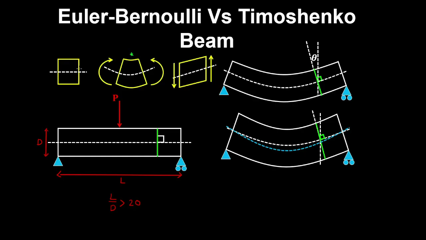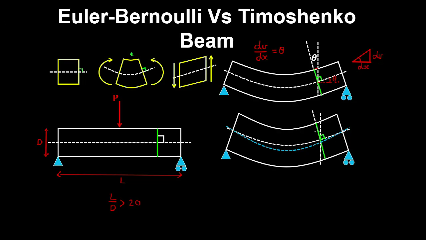So the bending moment causes this section to rotate and the section stays straight. So plane sections remain plane and the section also remains perpendicular to the neutral axis before and after deformation. So with the Euler-Bernoulli beam, we have a rotation theta and the net rotation of the centroid is equal to theta. And this can be seen if you blow this up into a right triangle.